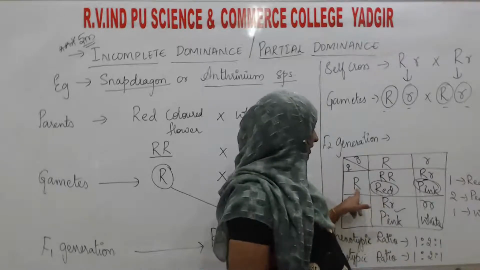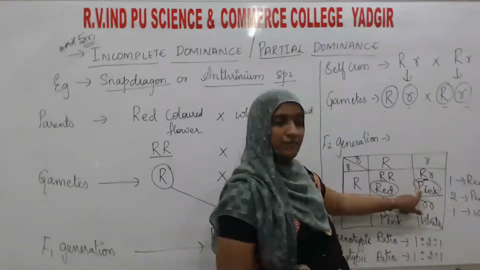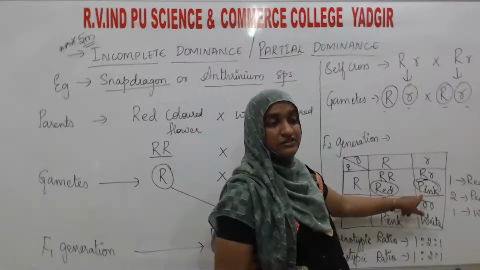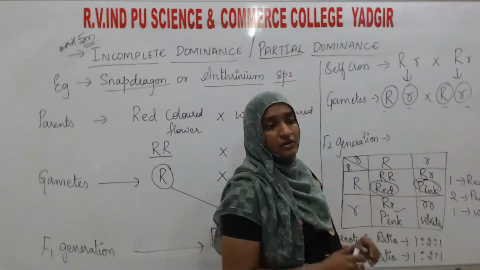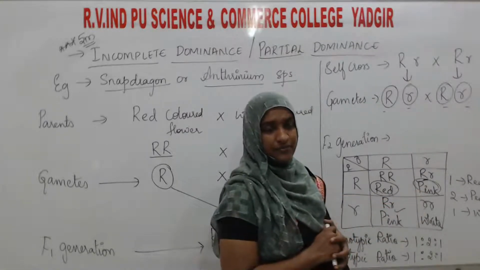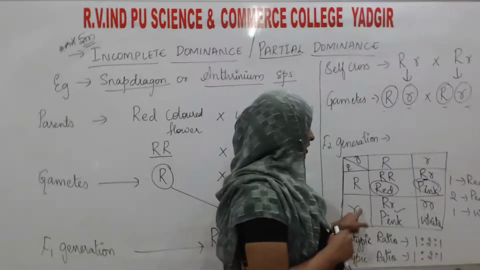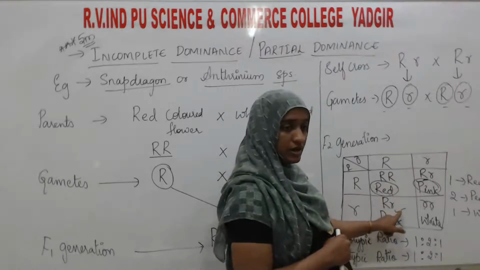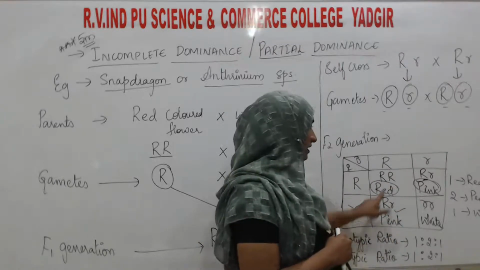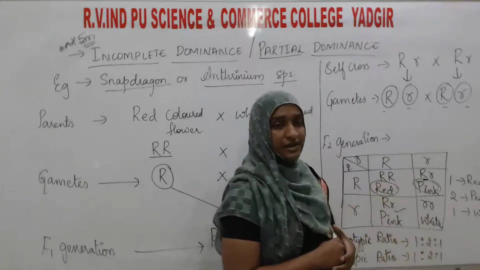Capital R into small r gives Rr, a pink colored flower, because this is an intermediate phenotype of the parents. Small r into capital R gives Rr, also pink. Small r into small r gives rr, white color.